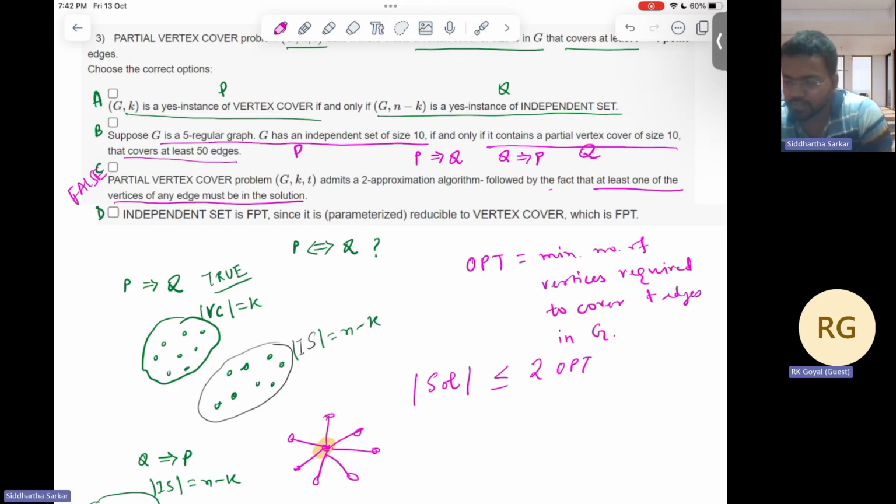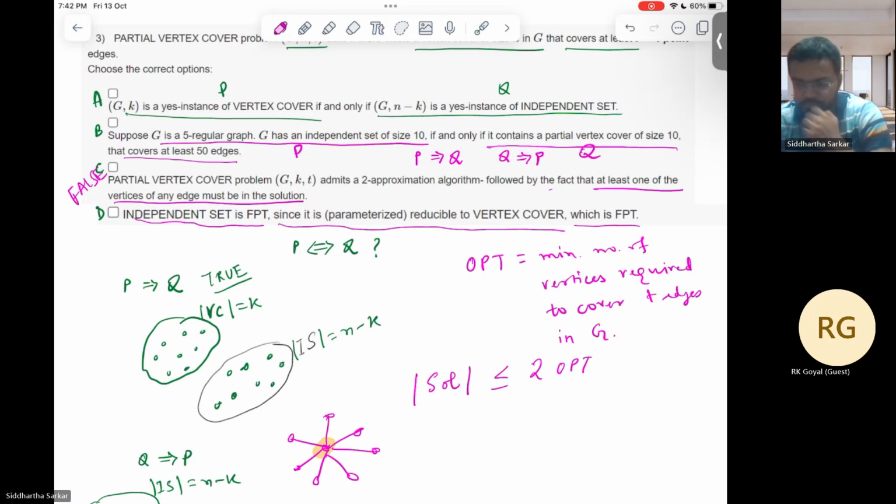Now this is where I think this statement will make clear your initial doubts on what is a fixed parameter intractability proof. Independent set is fixed parameter tractable since it is parameterized reducible to vertex cover, which is FPT. So consider the first statement.